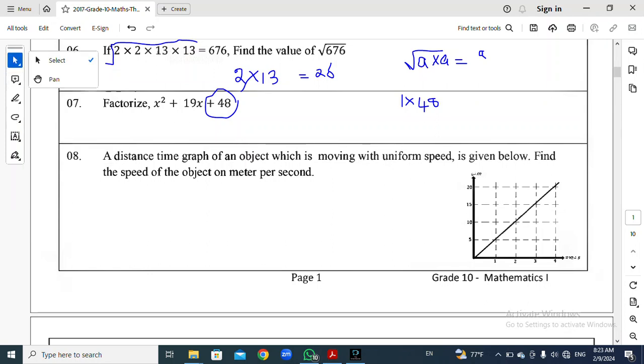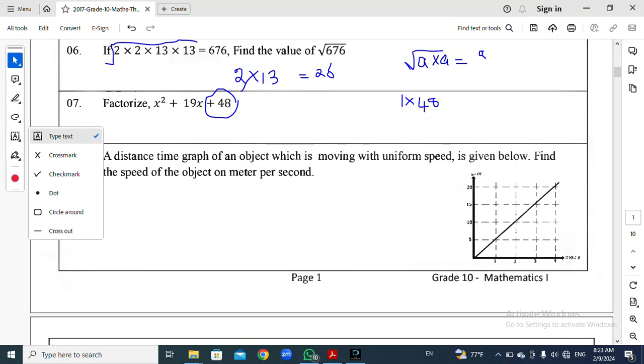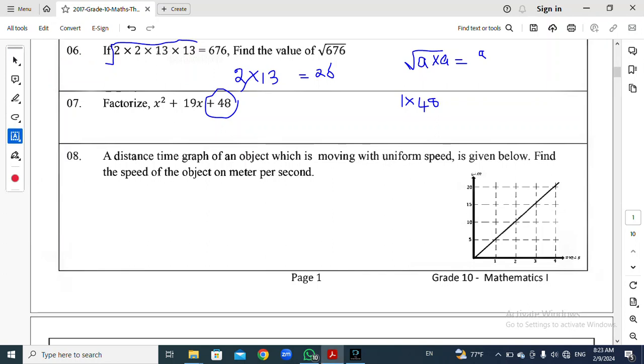So what can we select? We can select 2 into 24, and the next one 3 into 16. Okay, 3 into 16.